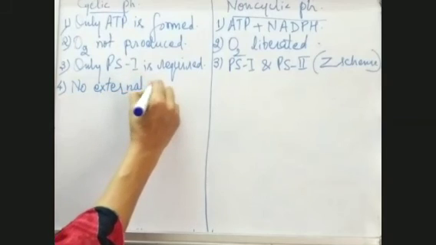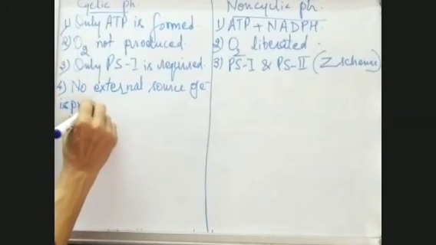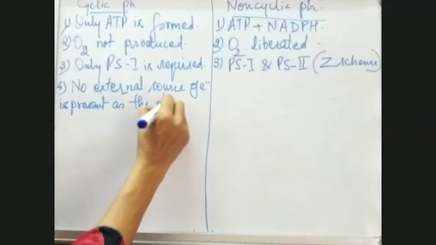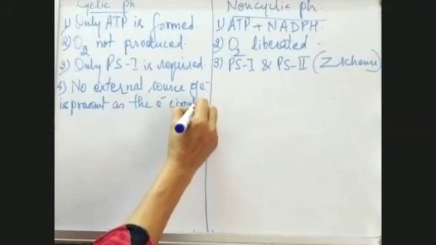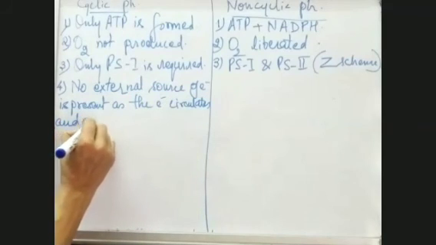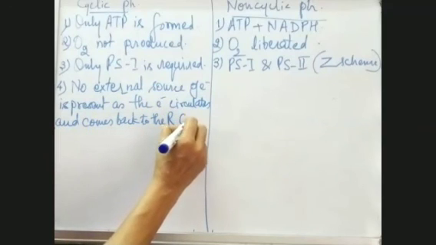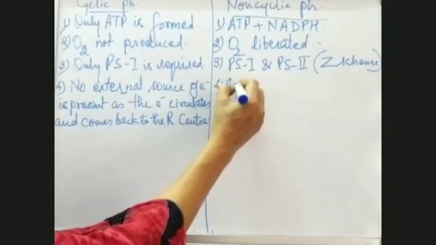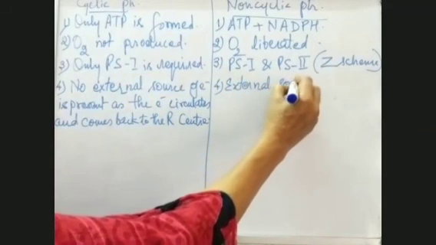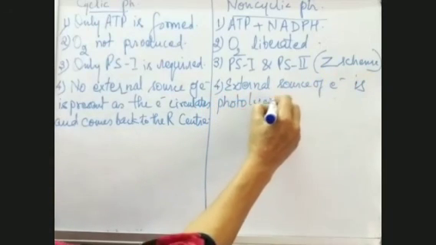Whereas in non-cyclic, an external source of electrons is present, which is photolysis of water.